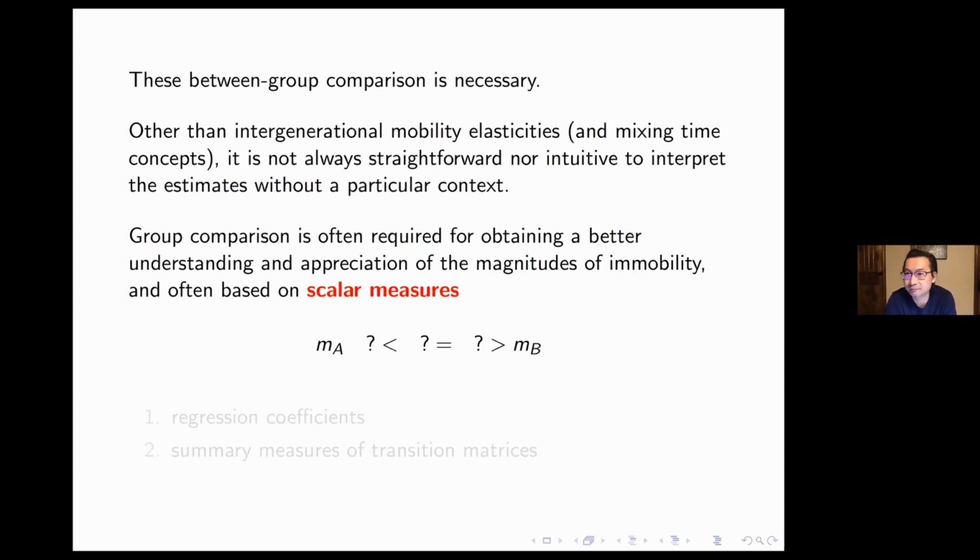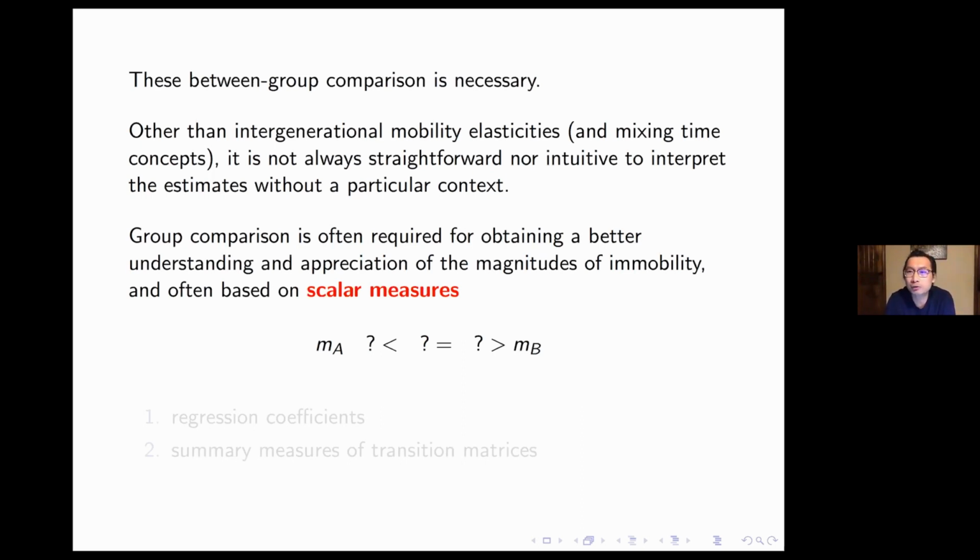It's not as straightforward as the regression coefficient. So when you're doing the group comparison, that's actually very important, because only by comparing different measures will we have a better understanding of the magnitude of the immobility. Looking at this particular number, I don't know if it's large or small, but when I'm comparing these two groups, I can get a sense of whether or not this is small compared to my reference point, okay?